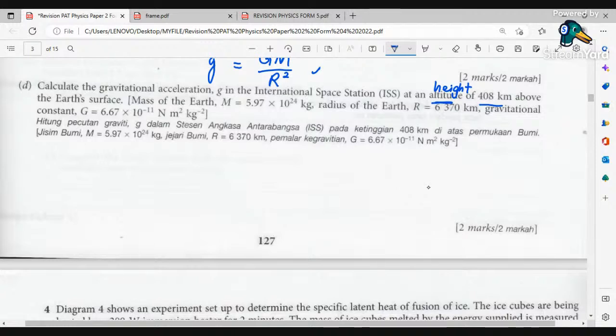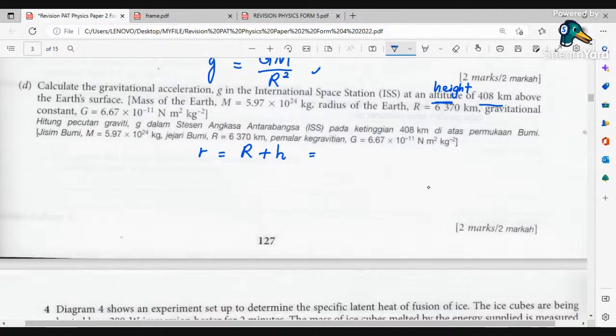Okay, soalan dah diberikan tu. So you need to calculate g. So at a certain height, the orbital radius, small r, is the radius of the Earth plus height.